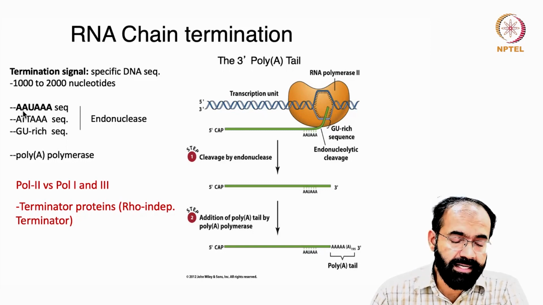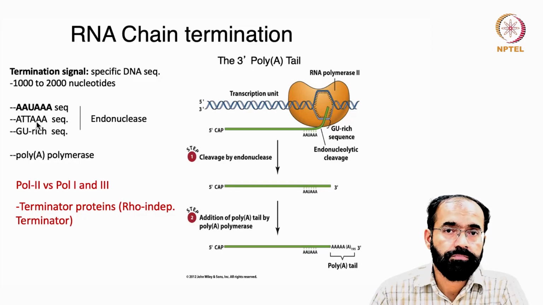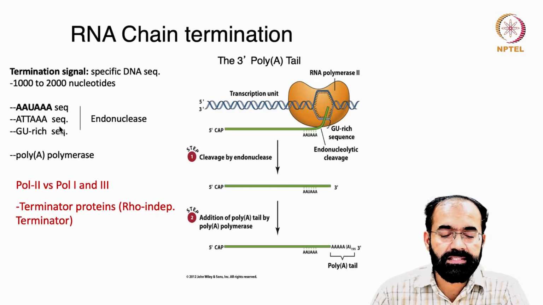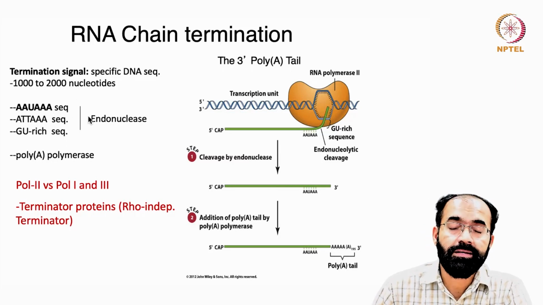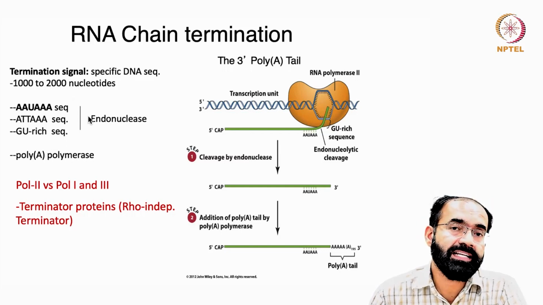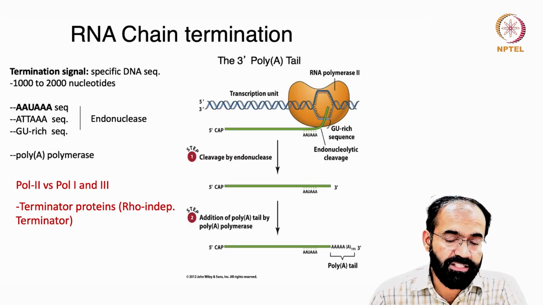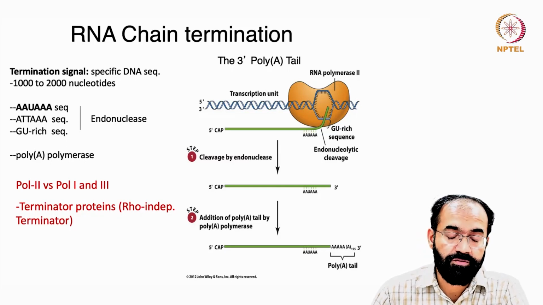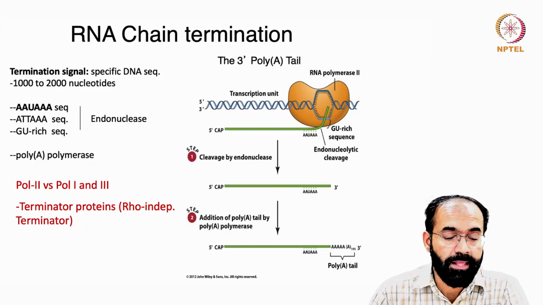So TT can be UU in the case of RNA; when it is in DNA it is T, when it is in RNA it is U. These sequences have to be present, which will be recognized by the endonuclease so that it can chop at the specific location, so that the growing RNA can fall apart from the transcription bubble.